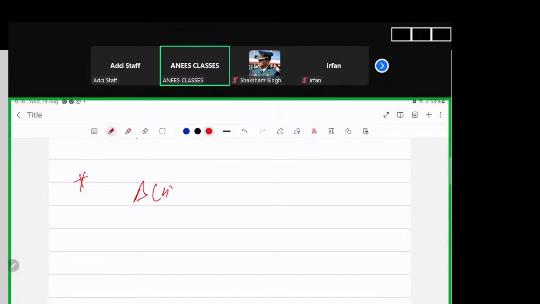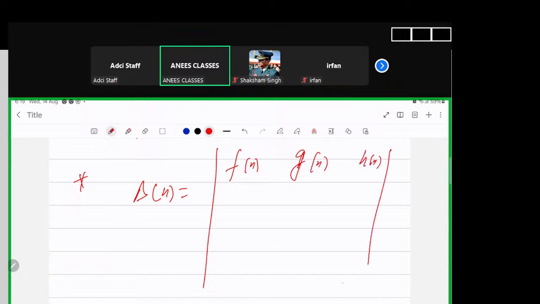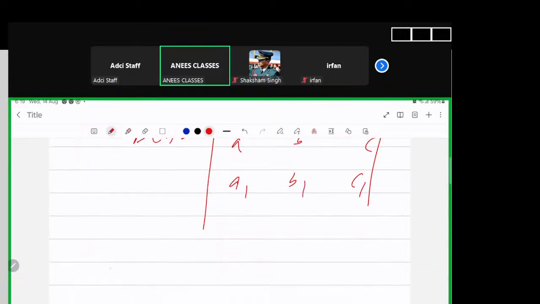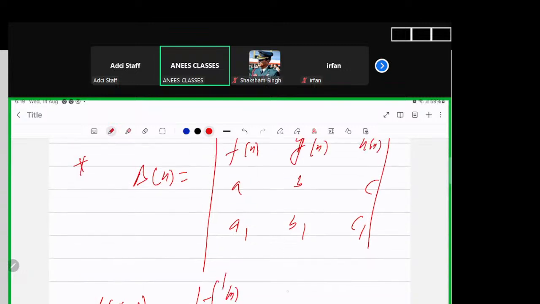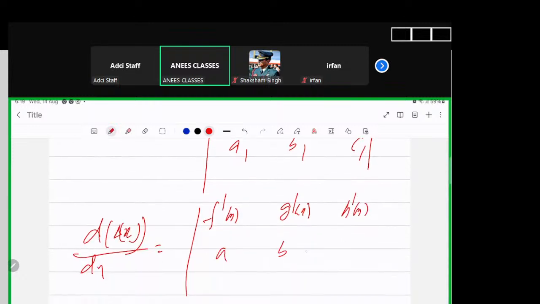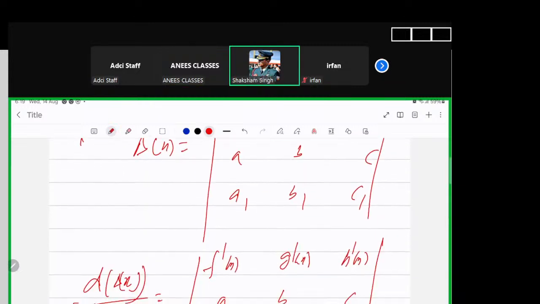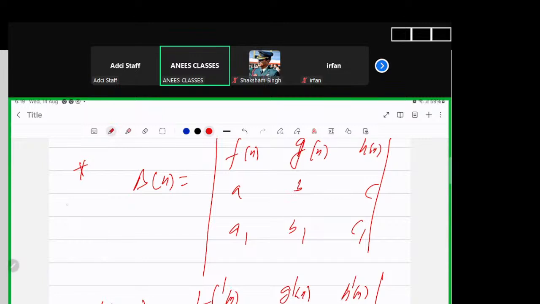Suppose that I have the determinant, with the first row as variables and the other rows A, B, C, A1, B1, C1. If I differentiate this determinant with respect to X, the first row will be differentiated with respect to X and the remaining rows will be as they are, because A, B, C, A1, B1, C1 are constants. Understood? Yes, sir. Very, very important. That's why I taught you.